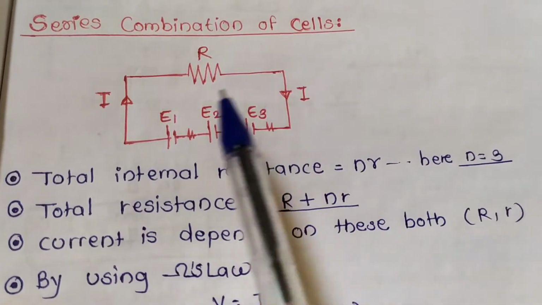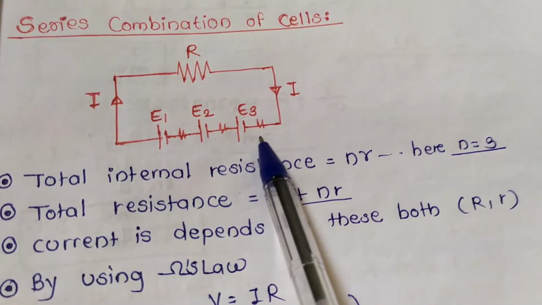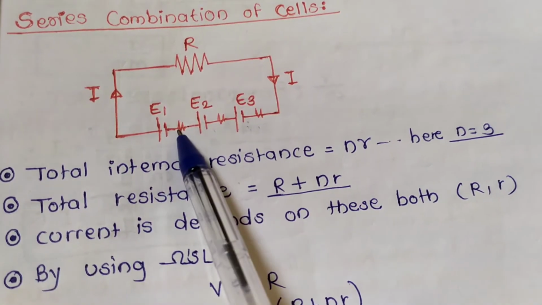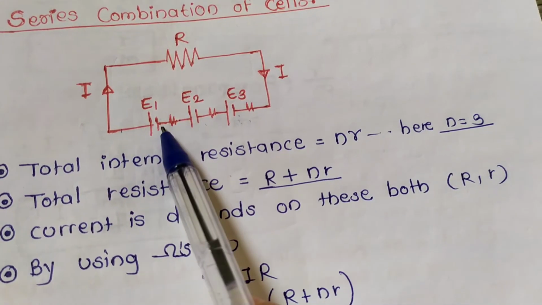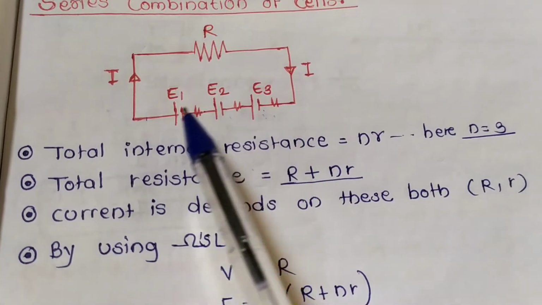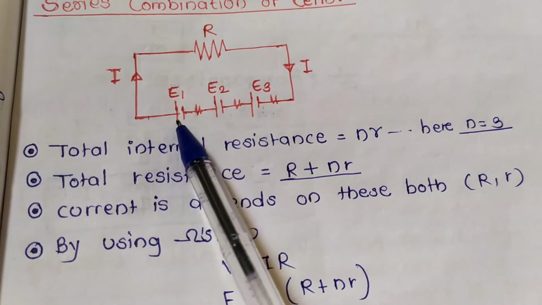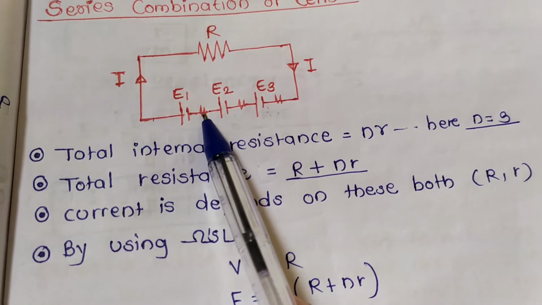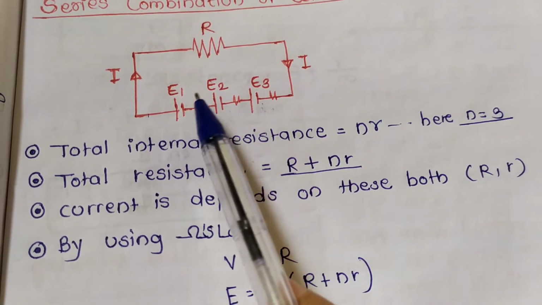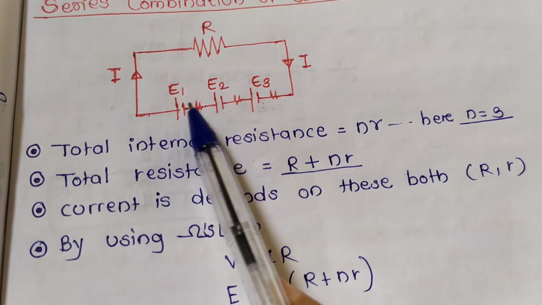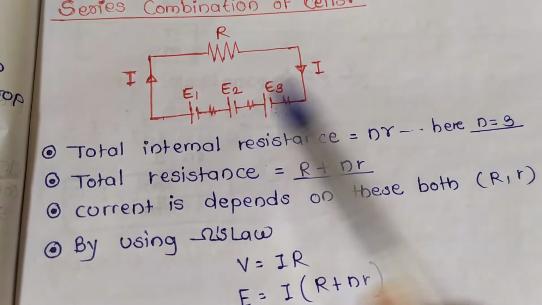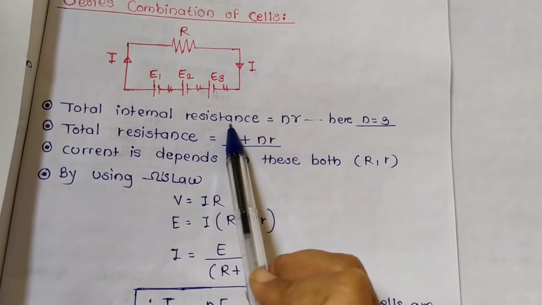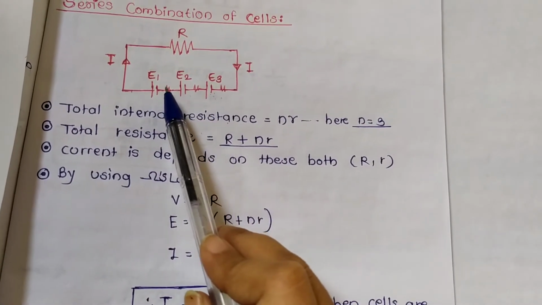Now, if these cells are connected in series, then we can draw this circuit. See? Current is flowing from higher potential to lower potential, so the arrow is here, and this is small r, the internal resistance. Now, total internal resistance: how many?